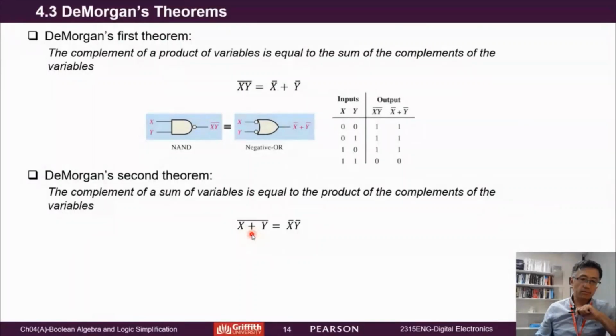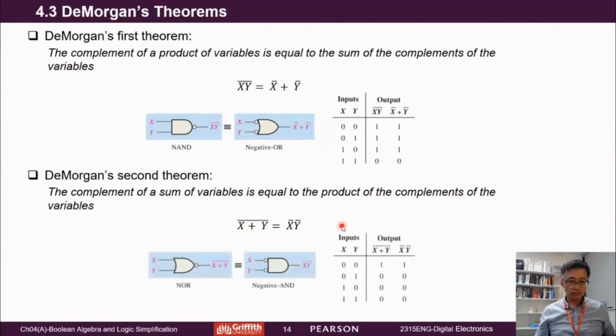It's a swap from OR gate to AND gate. To remember, just use scissors. You can test this by using the truth table. You can do it at home and test whether they are the same or not. I tested, and they are the same.